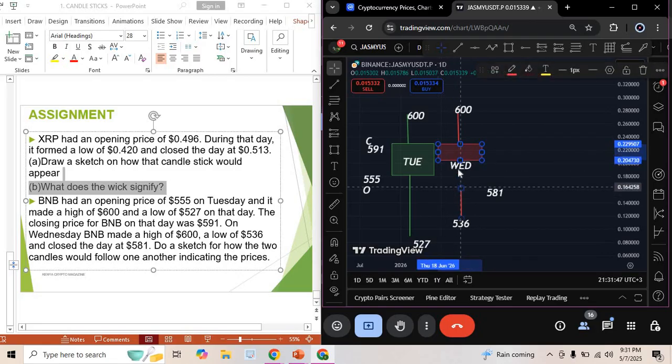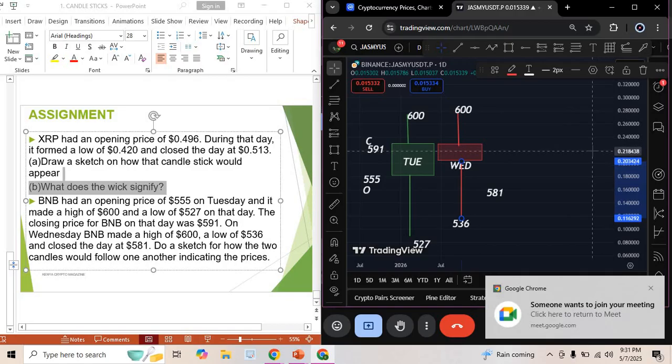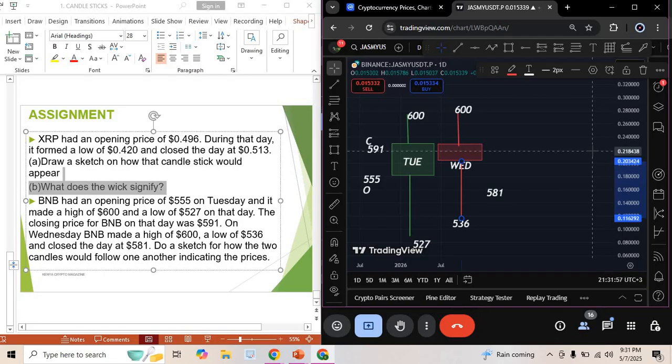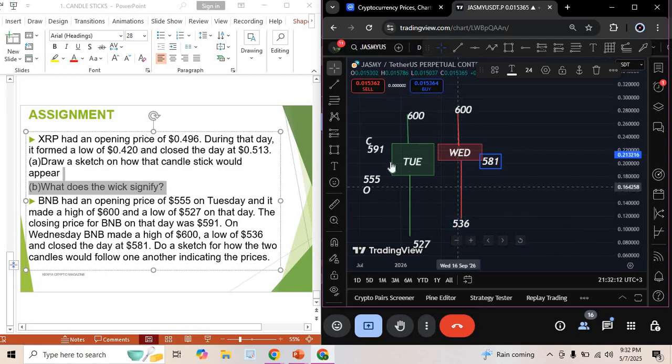But this was just a demonstration, I just wanted everyone to understand that the closing price of one candlestick is the opening price of the other. Essentially, if you're looking at prices, this is how it should look: 600 should be the same level as 600, 527, 536, 555, 581, 591. Is that what you're talking about? Yeah, it's okay now. Perfect.